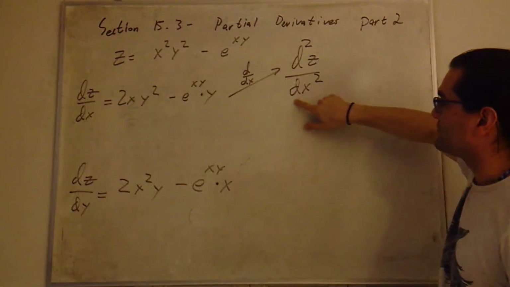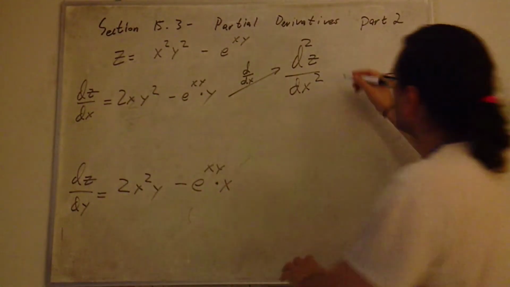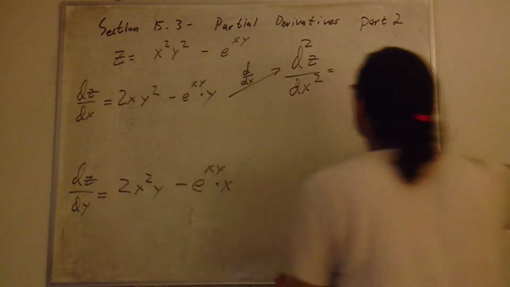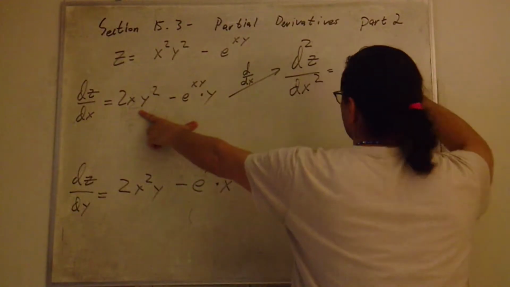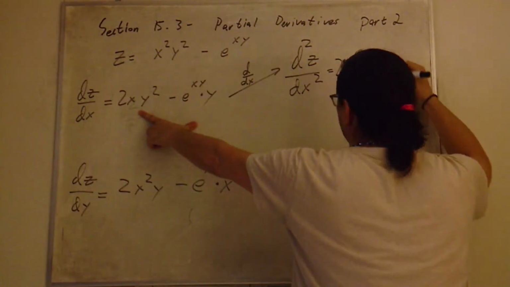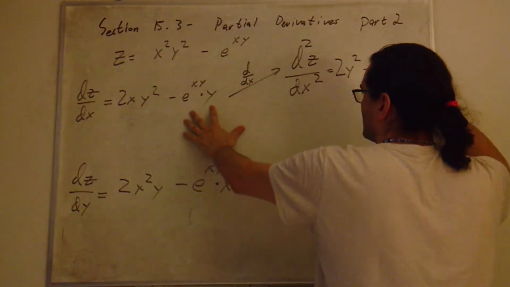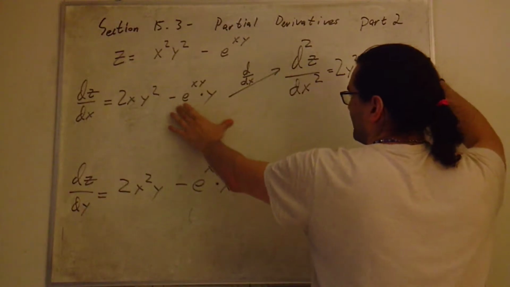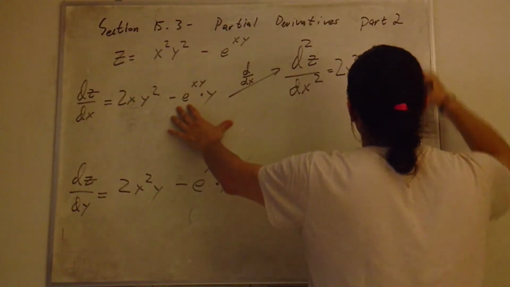This means it's with respect to x both times. So that is going to be: derivative of this with respect to x should just be 2y squared minus, y is just going to hang out like it's a coefficient. The derivative of e to the xy should be e to the xy times y.